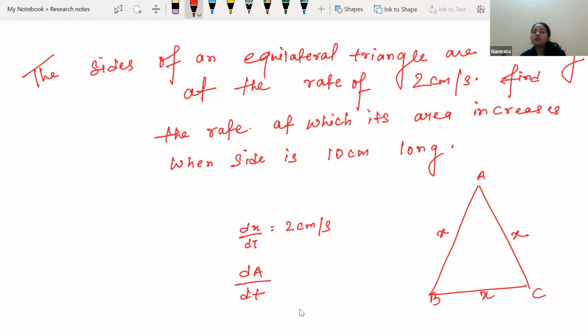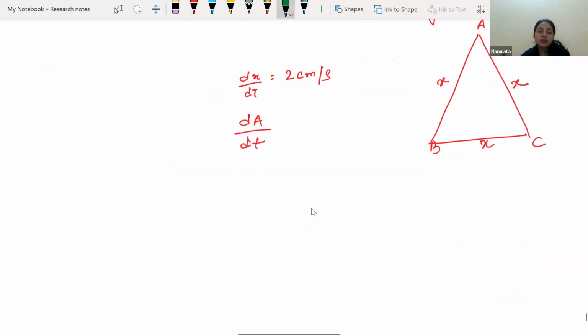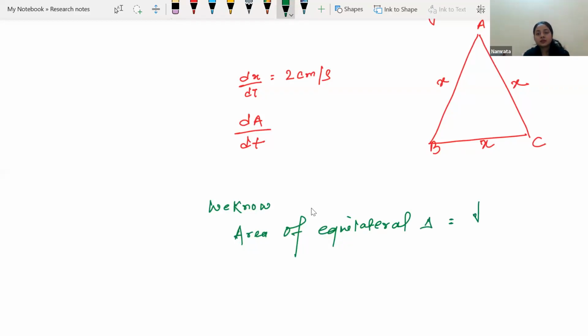What is the formula for an equilateral triangle's area? Root 3 by 4 into. Exactly. So the area of an equilateral triangle is root 3 by 4 a square, where a means side.